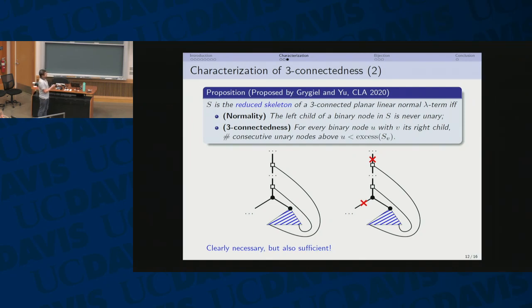Because if not, then the free variables in the right subtree will be captured by a consecutive segment of abstractions just above the binary node, and we only need to cut this edge and this edge to disconnect the diagram, which is not possible because we are free connected. So this condition is necessary. However, it's a miracle that it is also sufficient, and it takes 2 pages of case analysis to prove.